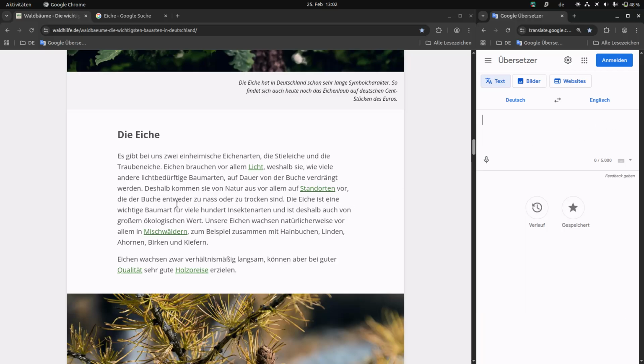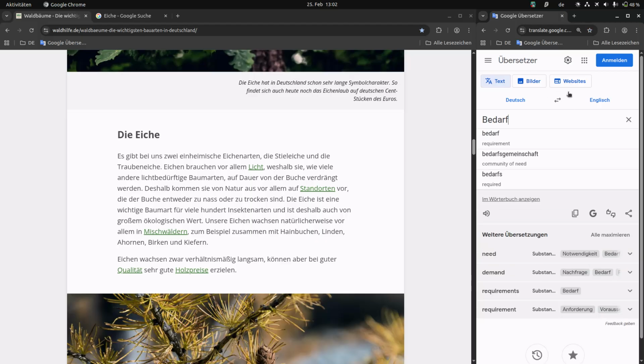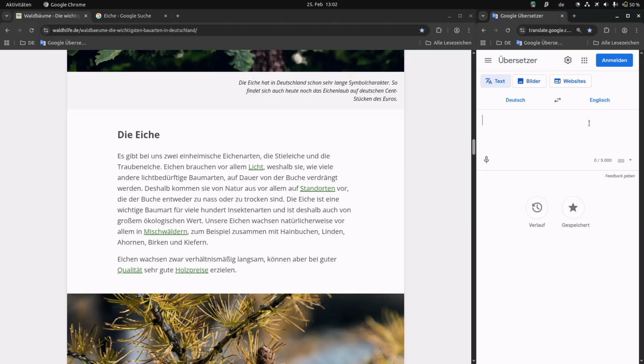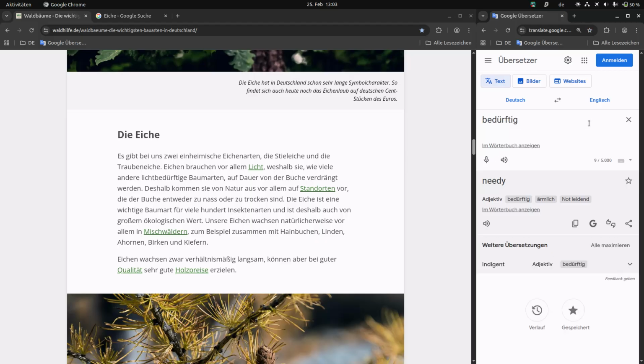So Bedarf means the need, and bedürftig is the adjective of that, which means needy.